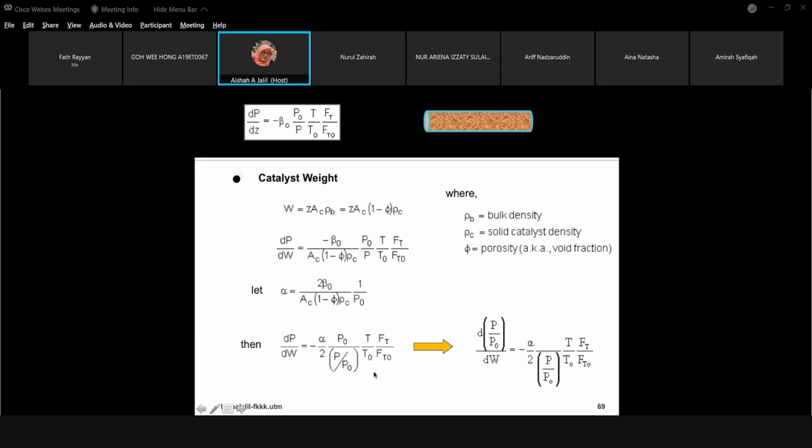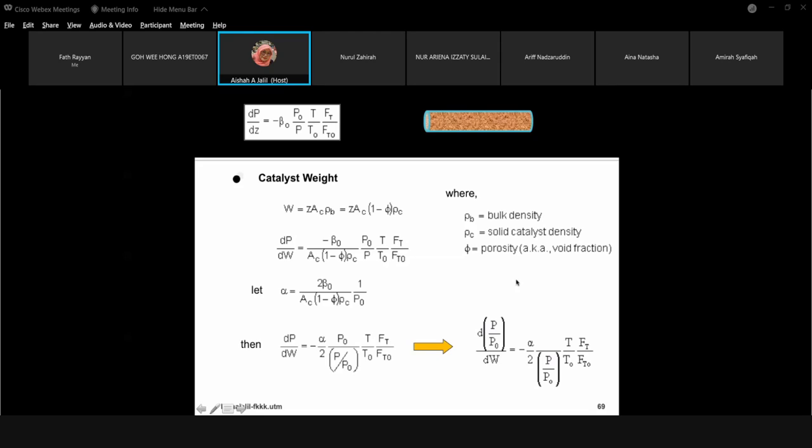If you group the P and P naught, you can rearrange this equation to become like this. Can you accept that? I think you can, because this is P naught, this is P naught. Then this one is the same, this one the same, this one the same.